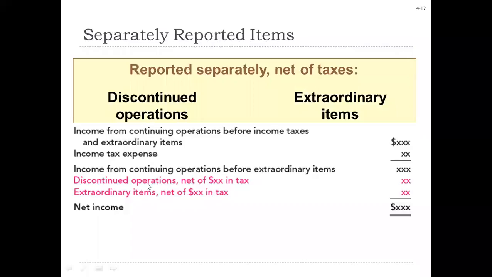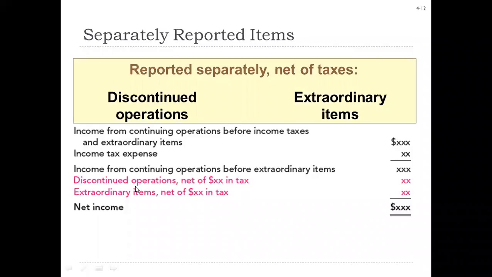So whenever we have a loss, we're going to get tax benefits from it. We'll learn that in a subsequent chapter in this course. Okay. But just be aware, if you have losses in these two items, you're going to have positive tax effects. So you show the net or the difference between the gross loss and the tax benefit.